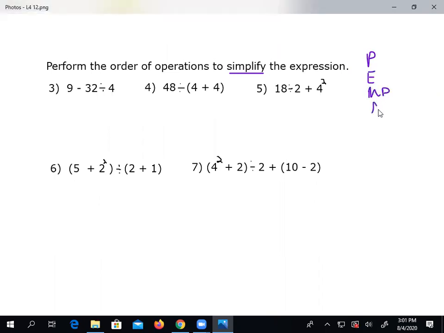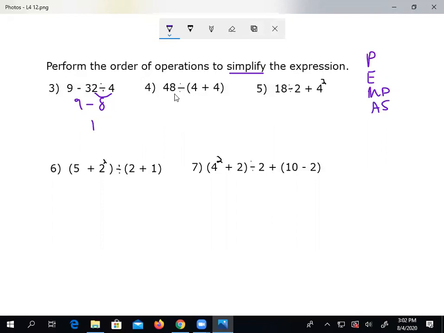I write it like this to remind myself that multiplying and dividing go together, adding and subtracting go together. I don't see any parentheses in this first problem. I don't see any exponents. But I do see division, so the first thing we've got to do is division. So 32 divided by 4 is the first thing we do, and that's going to be an 8. So now I have just 9 minus 8, and 9 minus 8 would just be 1. So 1 would be the answer to that problem.